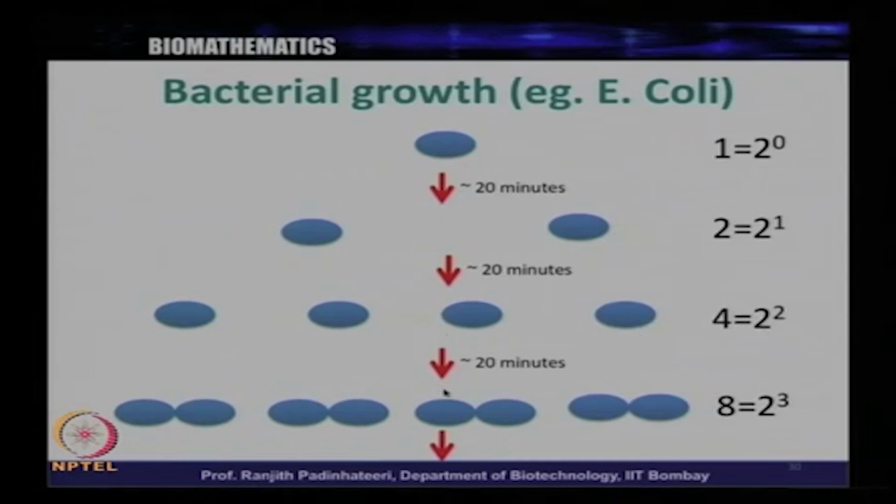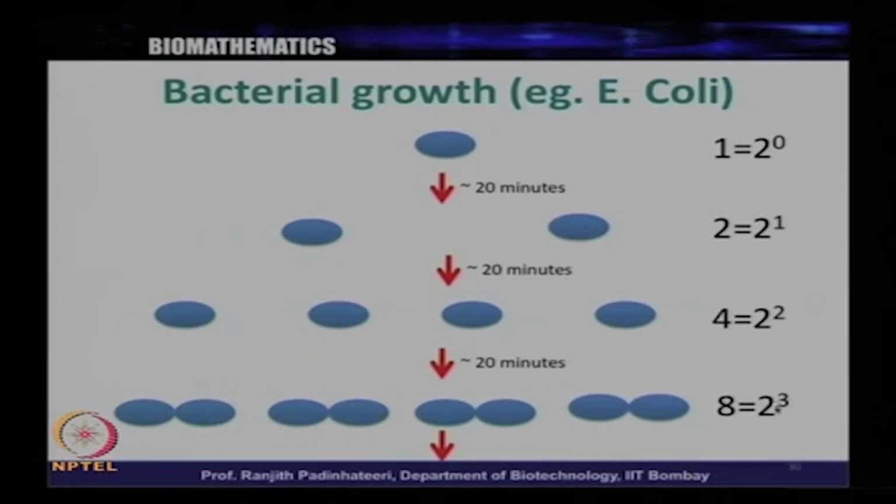Again, in another 20 minutes, each of these cells divides and you get 8 cells. This gives 2, this gives 2, this gives 2, this gives 2. So, you have a total of 8 cells here: 2, 4, 6, 8. In the third generation you have 8 cells, and this 8 is 2 power 3. In each 20 minutes, each cell is dividing by a factor of 2.